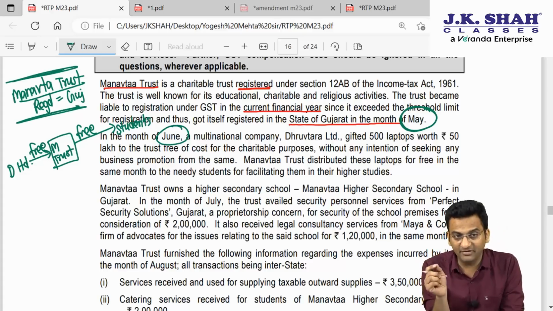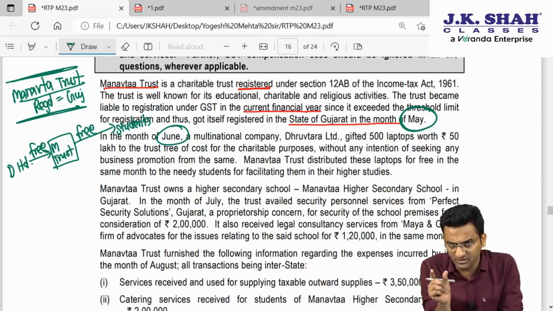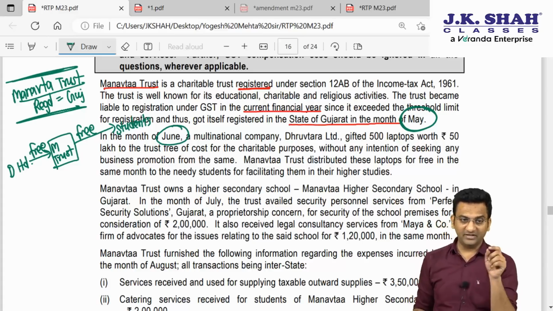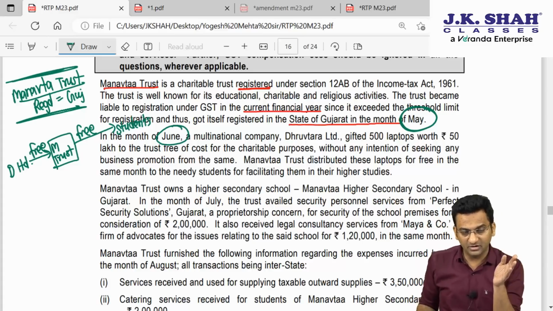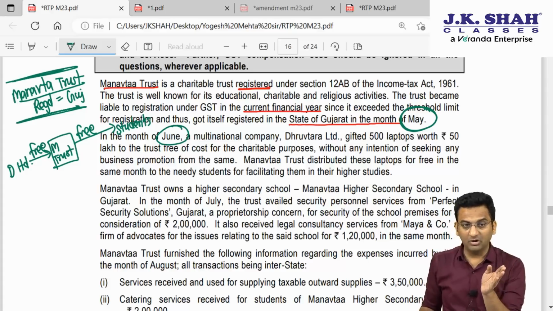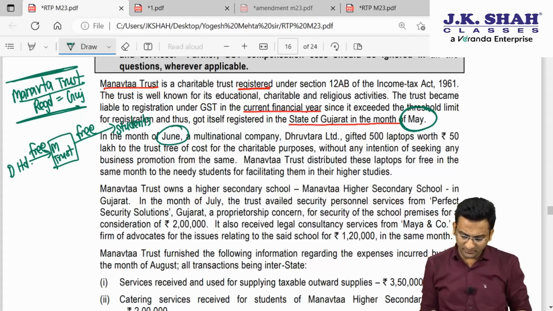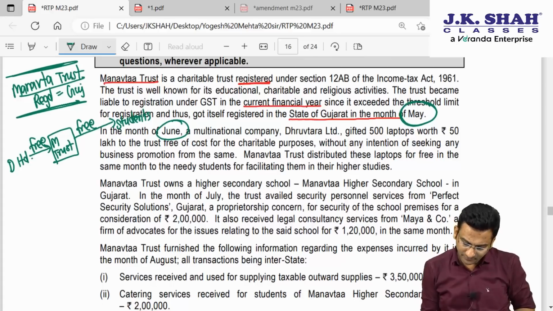In the second paragraph the information relates to the month of June, that Dhruv Tara gifts laptops to the Manavta Trust, and Manavta Trust later on distributes them to the students. Manavta Trust distributed these laptops for free in the same month to the needy students for facilitating them in their higher studies.